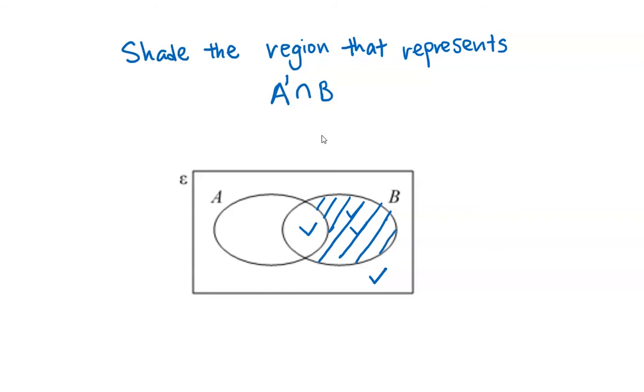Alright, so what if it becomes a union? The same rule applies from the previous part of the video. For union, I need to shade regions where you can find a tick. So if this becomes union, then this will also be shaded, as well as the region that is outside.